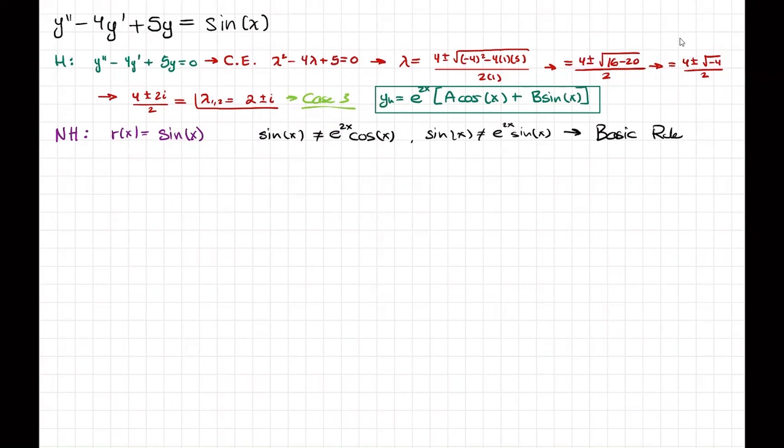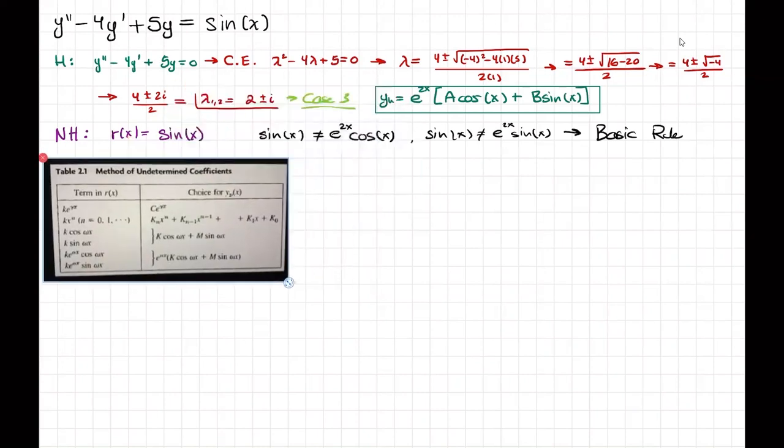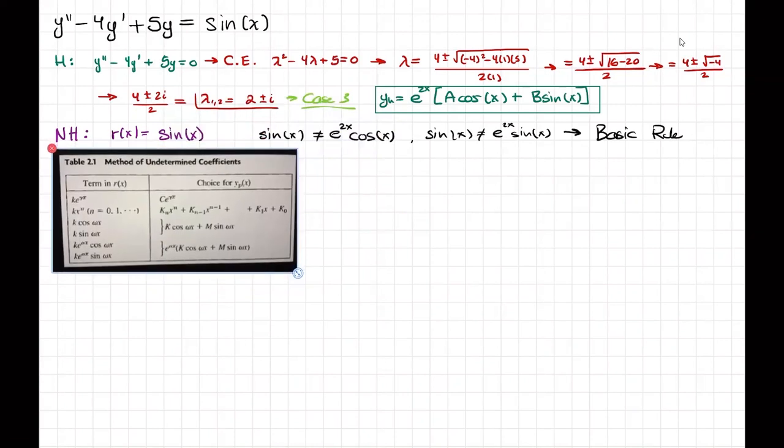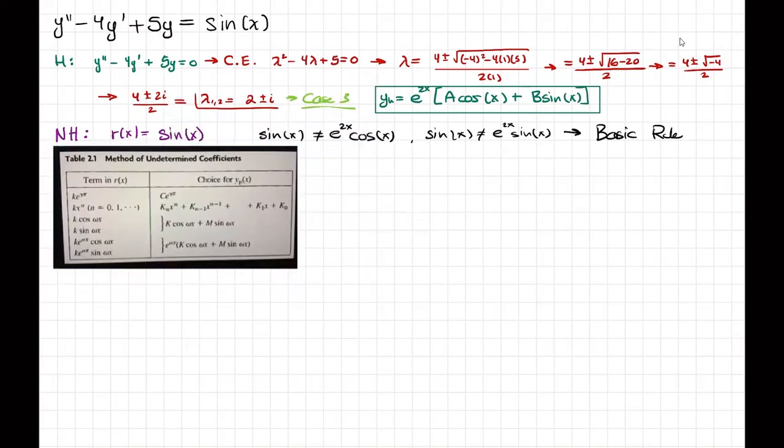So based on my table here, I can figure out that the yp that I will use for this equation will be this one. You have sine, so I will use this. So it will be k cosine of x plus m sine of x.